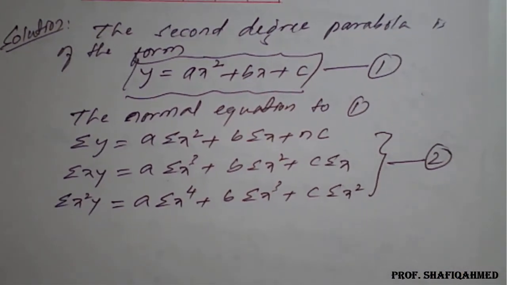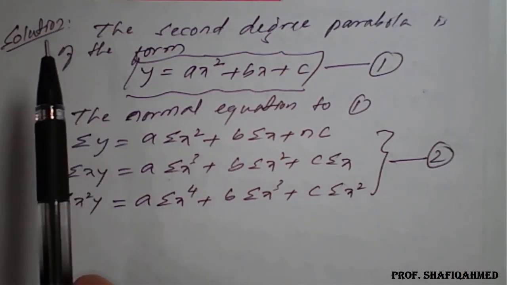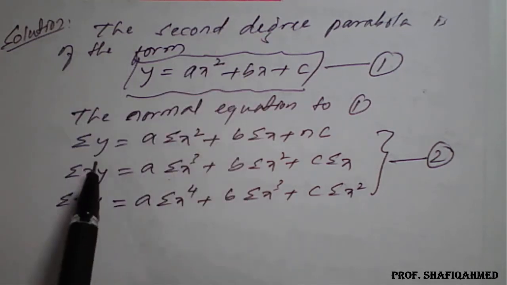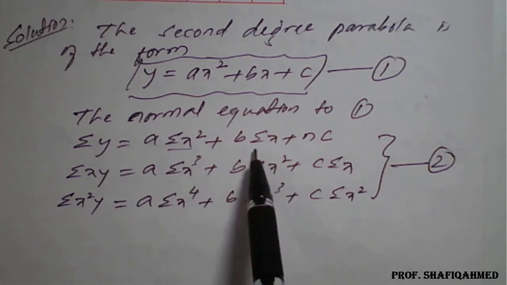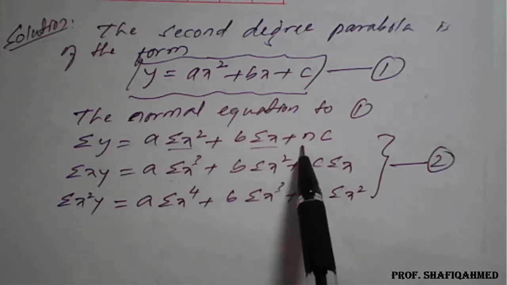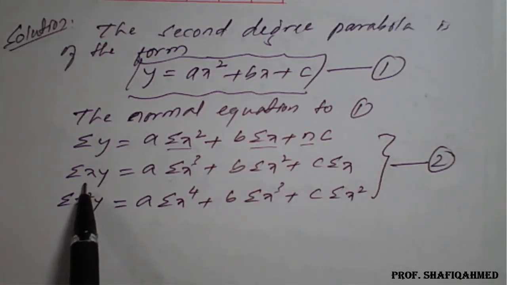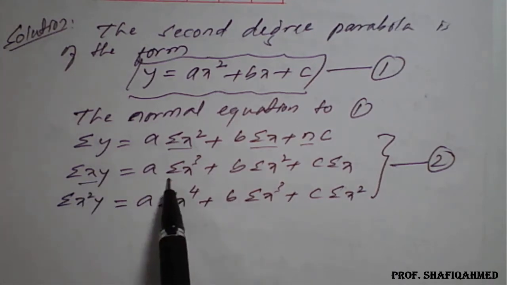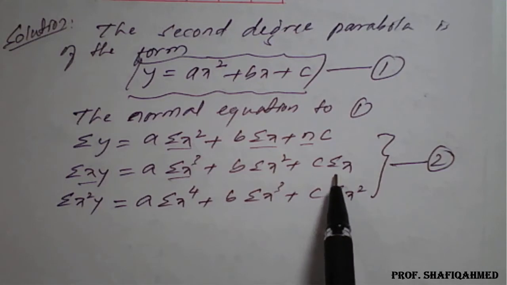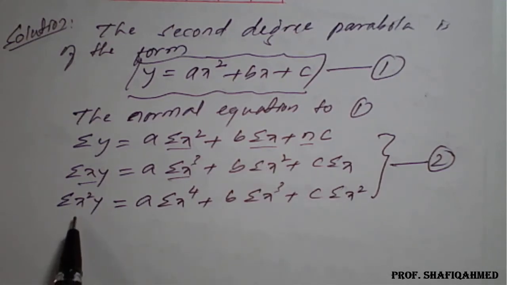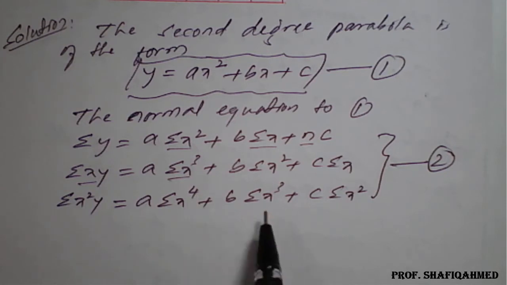So now with the help of this we have the values of x, y. We need to prepare summation of y, summation of x square, summation of x, value of n, summation of xy, summation of x cube, then summation of x square y, and summation of x raised to 4.